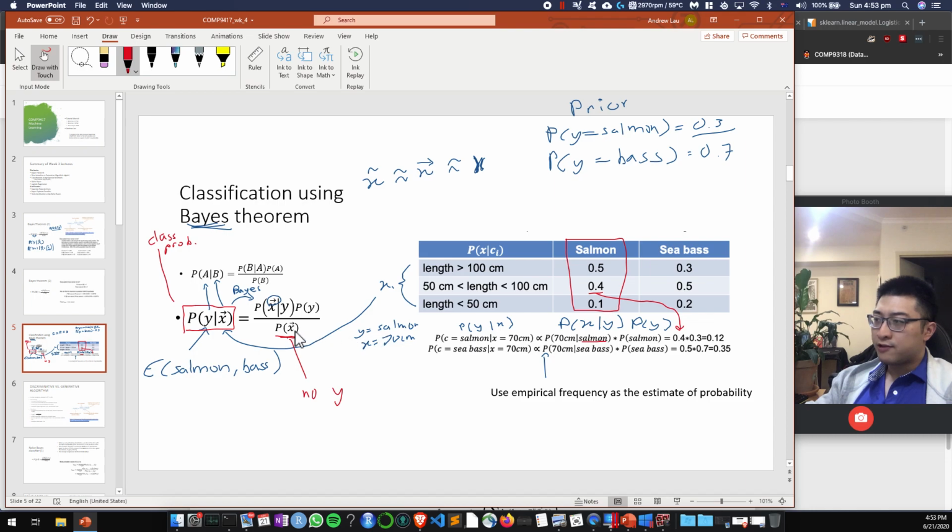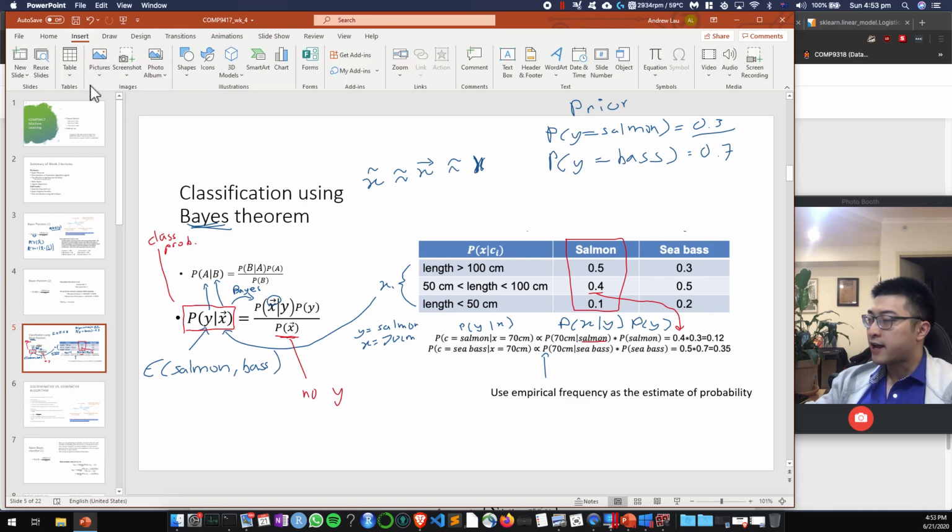Now what this means is that for both these expressions it's the same. So if you actually want the probability of salmon given x, you divide it by the same thing. Let me type it up because I suspect this might not be entirely crystal clear.